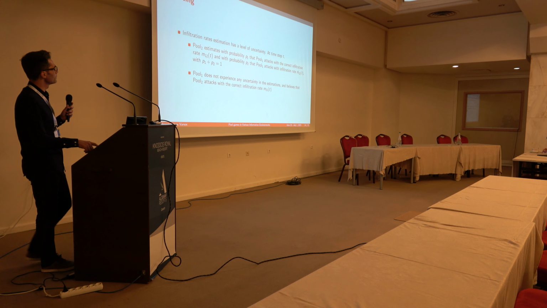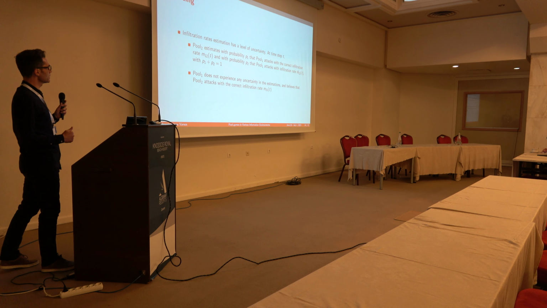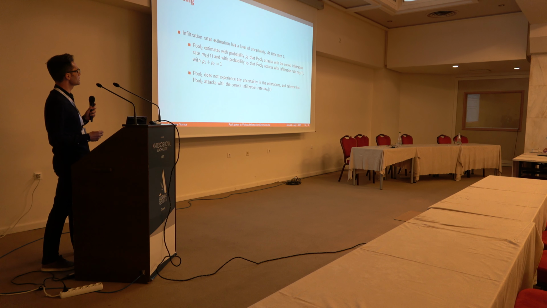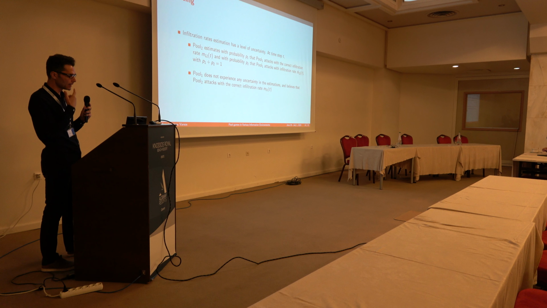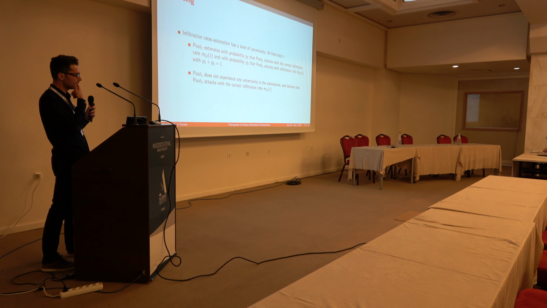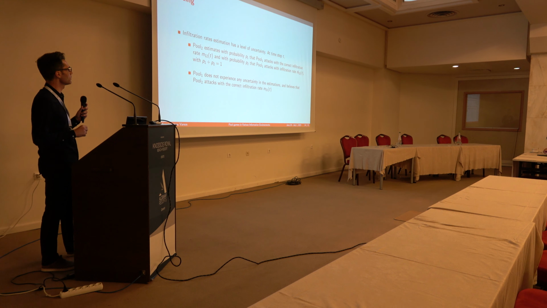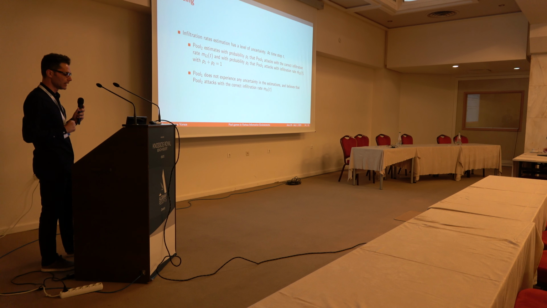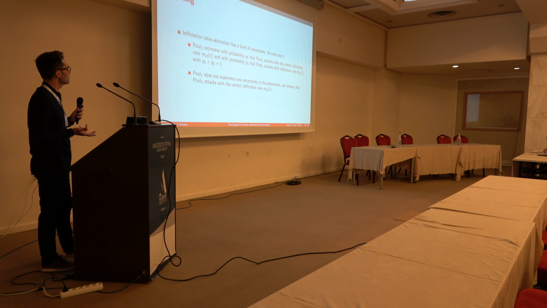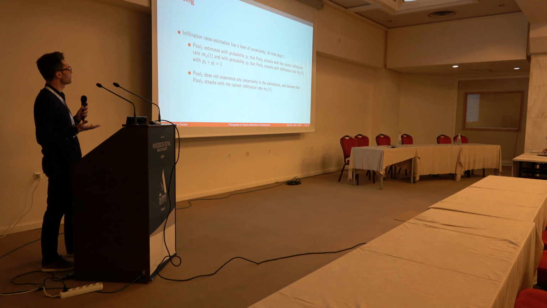In the case of incomplete information, we examine the simplistic scenario where the infiltration rates estimation has a level of uncertainty, and we look only from the perspective of one pool. In a time step t, pool 2 estimates with probability p1 that the adversary attacks with the correct infiltration rates.